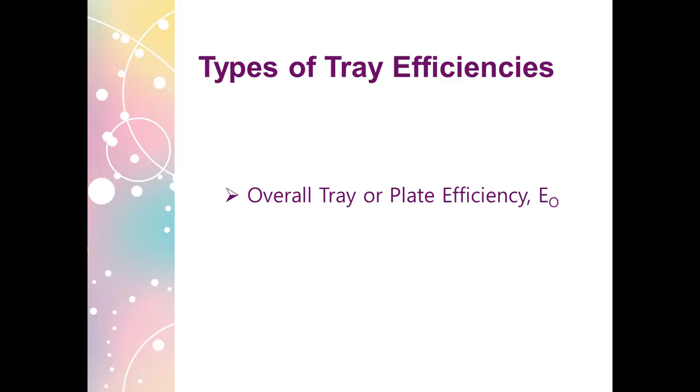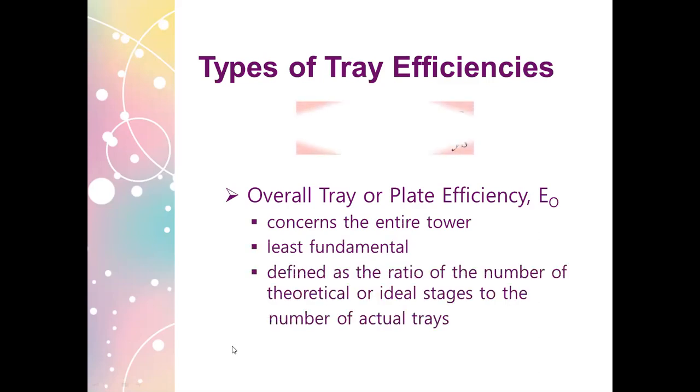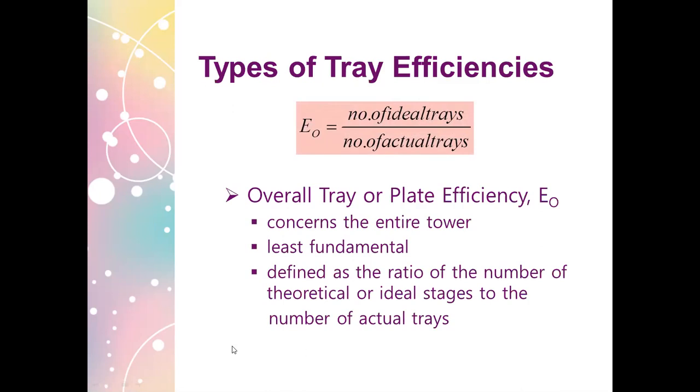Now, there are several ways of expressing these tray efficiencies, and we have what we call E sub O. This is the least fundamental of all means of expressing efficiency of a column. When we speak of least fundamental, it means it's not as accurate compared to the other ways of expressing efficiency.